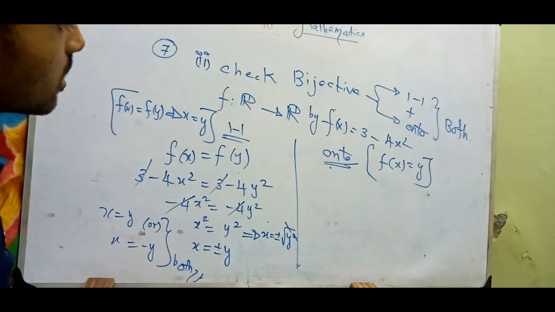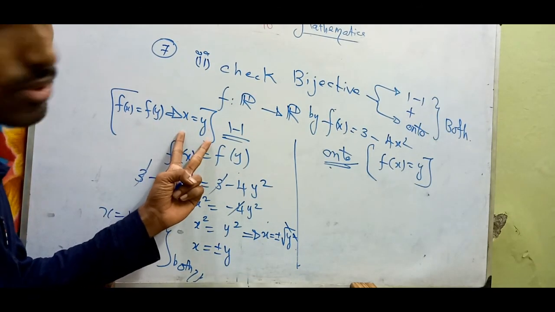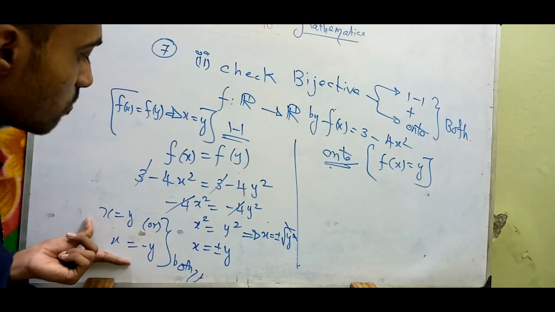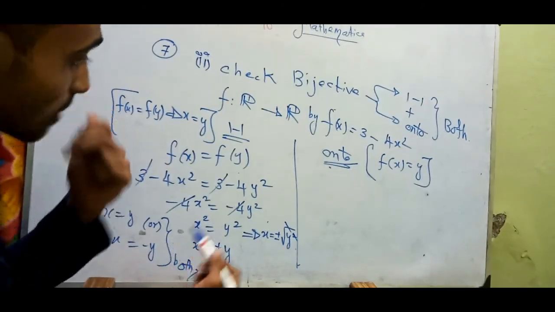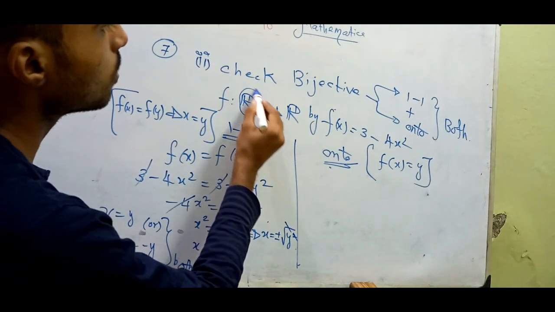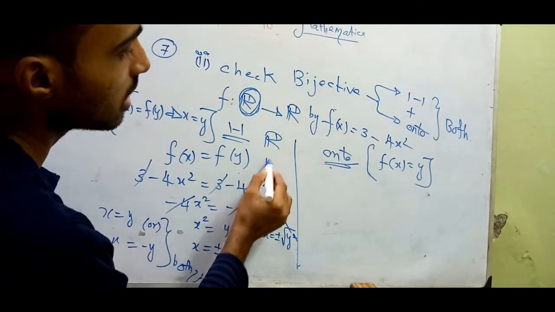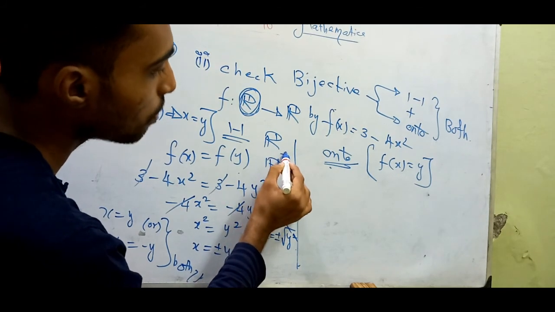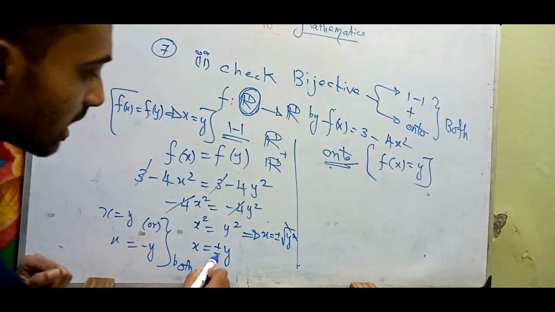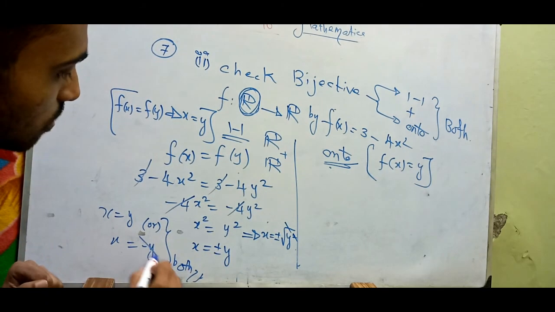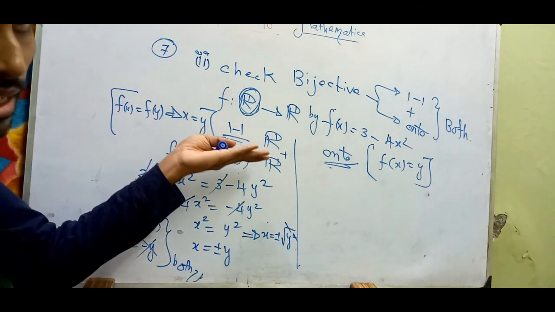Okay, but our question is x equal to y here. I'll tell you the reason why I have taken x equal to y and x equal to minus y: in the domain it has given real numbers. If it had given the positive real numbers, then we wouldn't need to take x equal to minus y. We would just take x equal to y and finish our 1-1 condition.